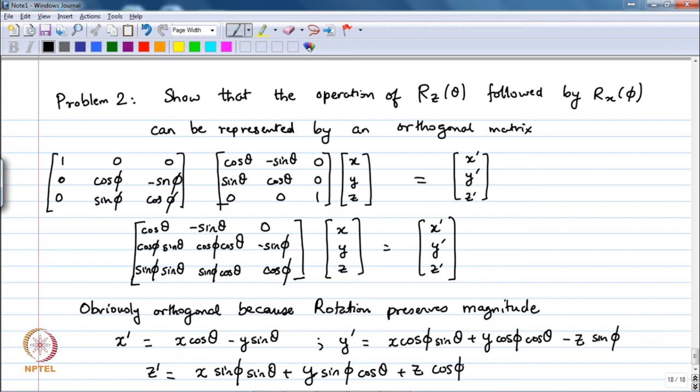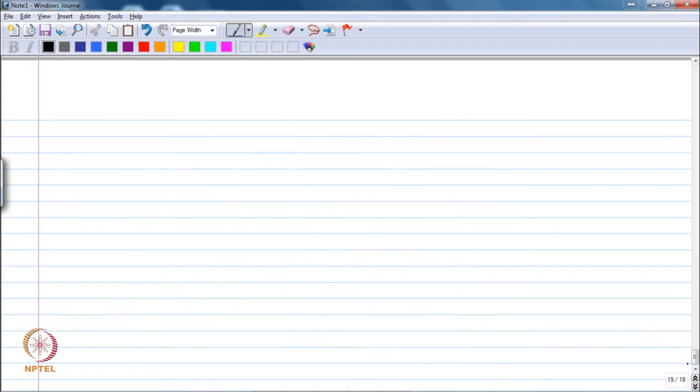Okay. So, now you can show this explicitly by showing that x prime square plus y prime square plus z prime square is the same as x square plus y square plus z square. Okay. Can show this.